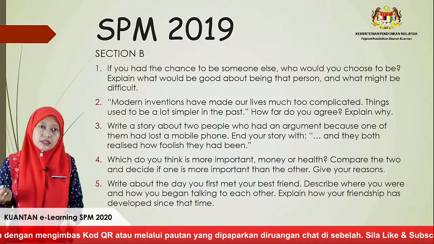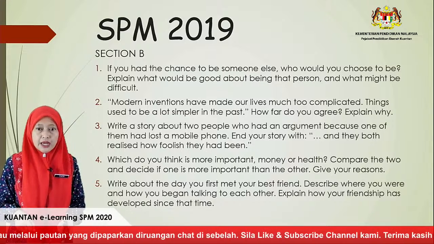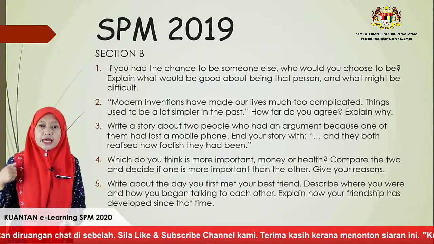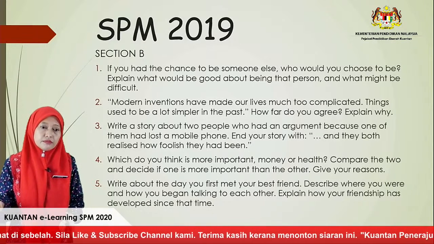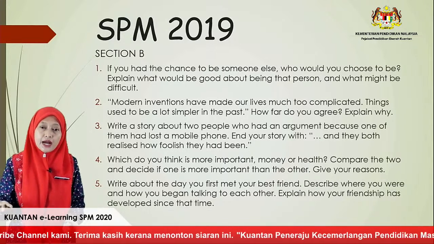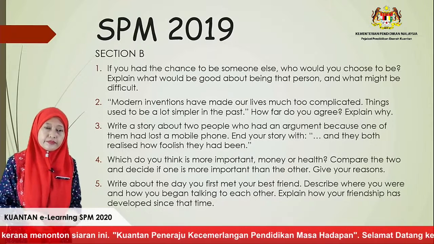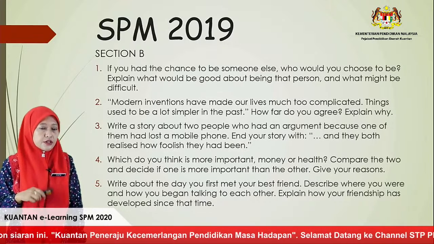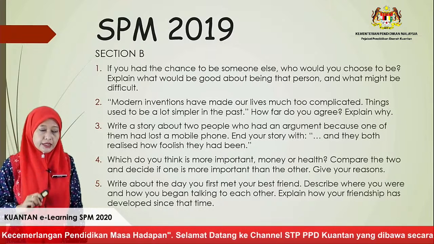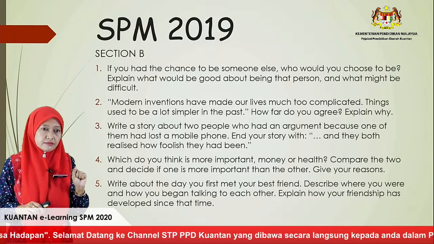This one is clearly a descriptive essay where you need to describe where and how you met your best friend, and then you describe how the friendship is developing. Okay, so this is last year's. Do you think if you were to have all these questions, you can choose one and score that 50 marks that I told you earlier? Of course you can.